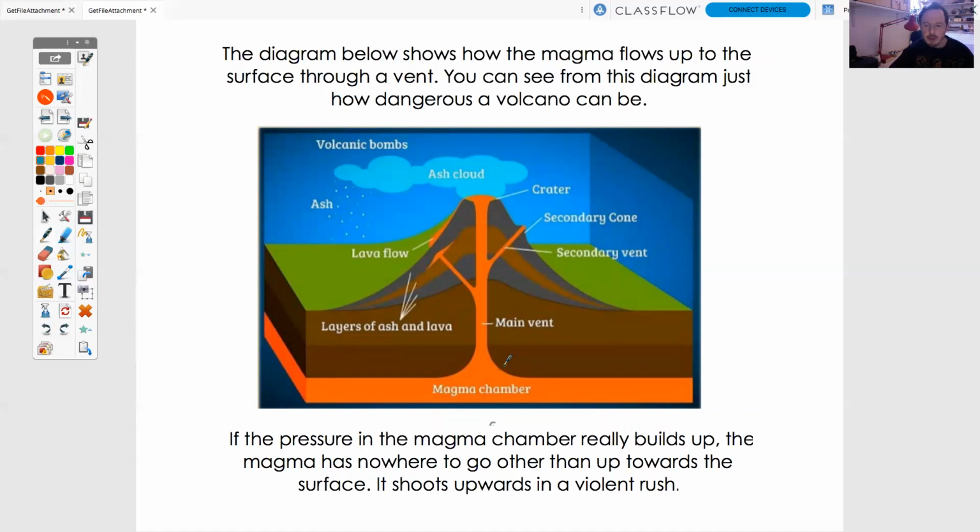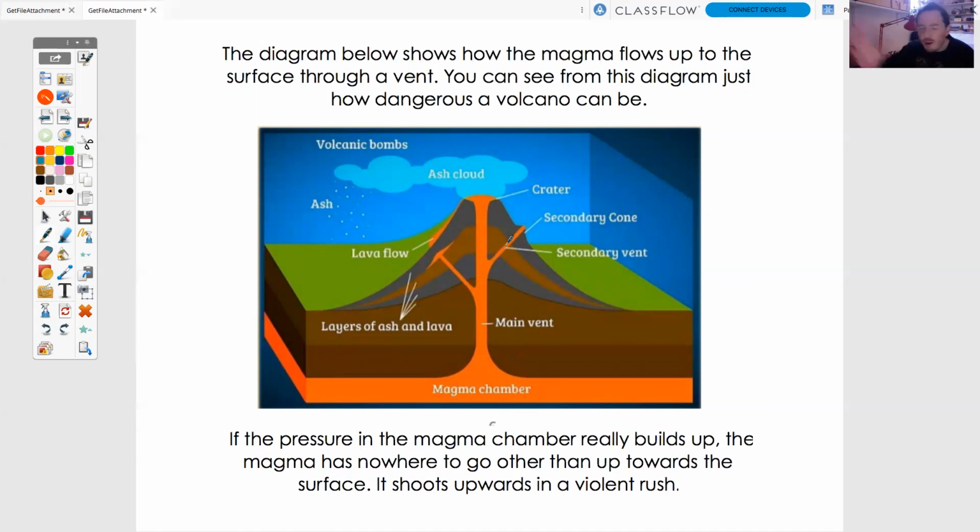If the pressure in the magma chamber really builds up, the magma has nowhere to go other than up towards the surface. And it shoots upwards in a violent rush, going through this main vent, or maybe a secondary vent as well, if there's more than one pathway for that magma to shoot upwards.